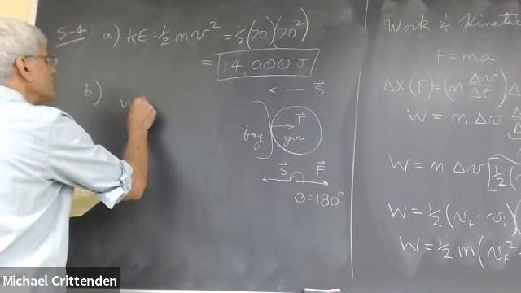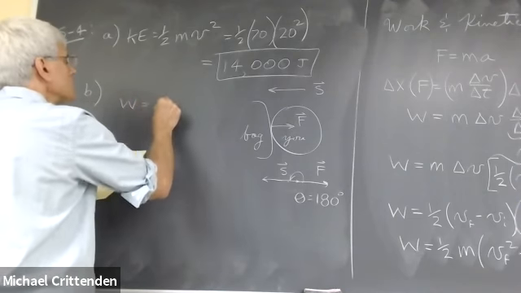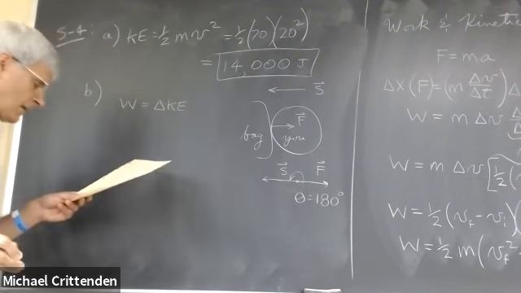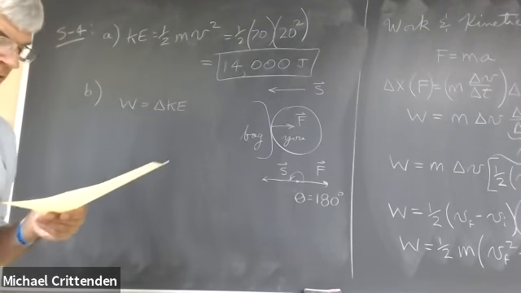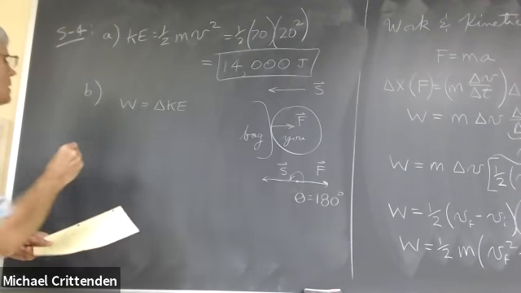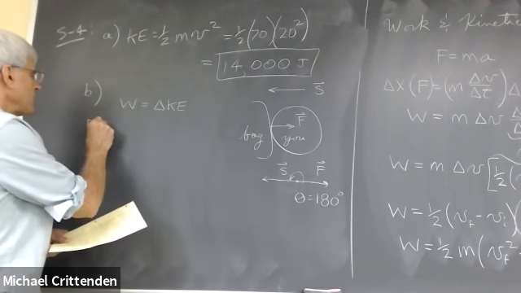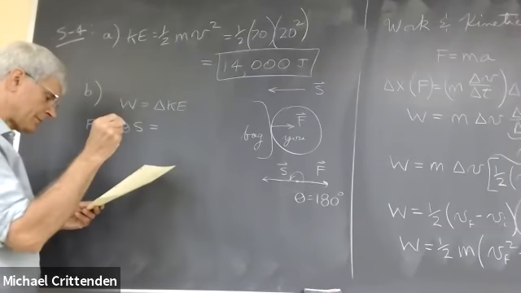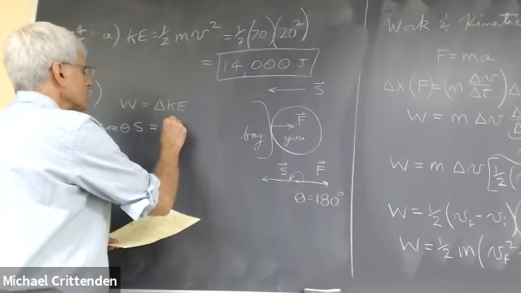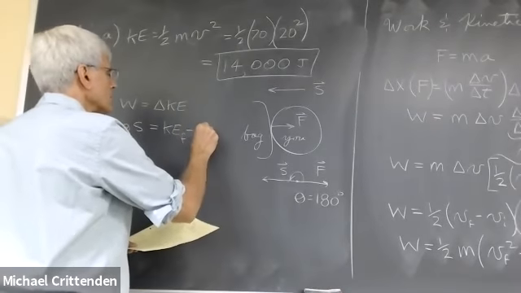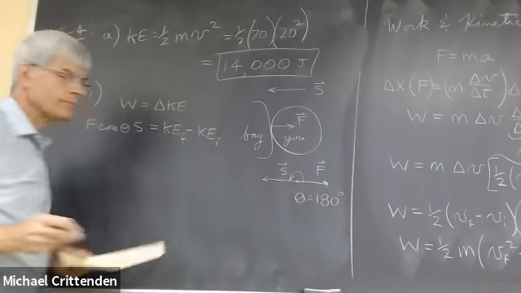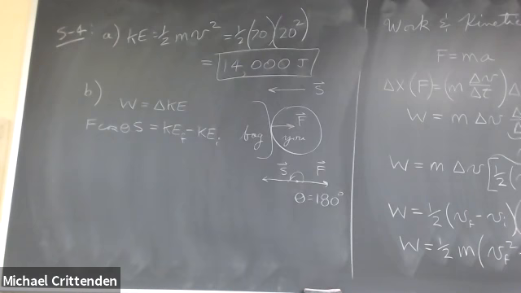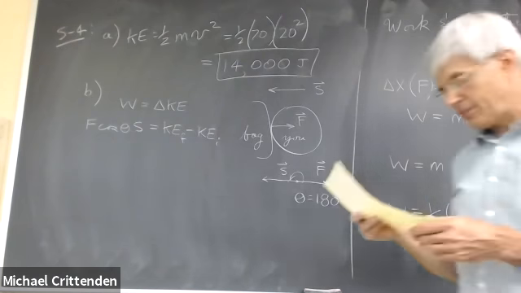Work energy theorem. Work equals the change in your kinetic energy. Work by definition is F cosine theta times S. Change in kinetic energy means kinetic energy final minus kinetic energy initial. Delta anything is final minus initial.